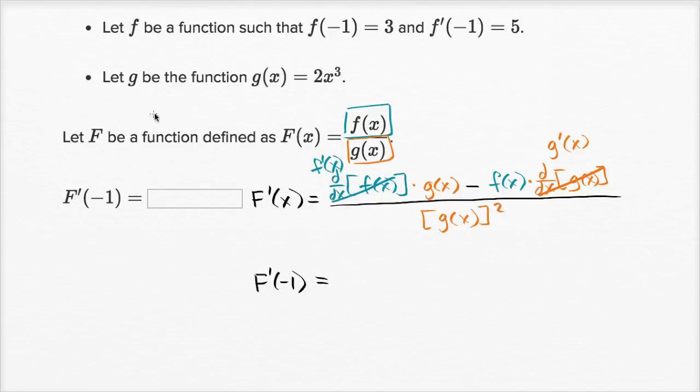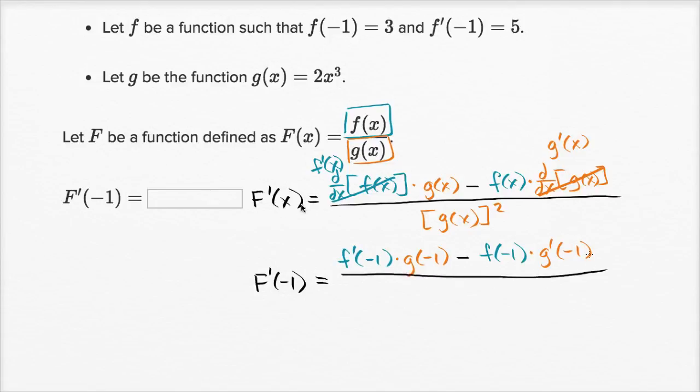It's going to be lowercase f prime of negative 1, it's a little confusing, lowercase f prime of negative 1 times g of negative 1, minus f of negative 1 times g prime of negative 1, all of that over g of negative 1 squared.